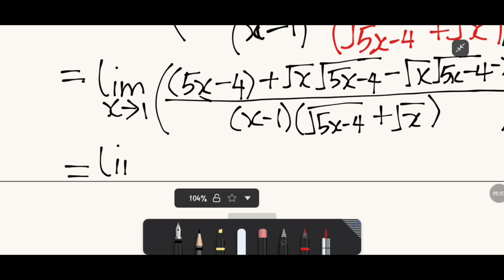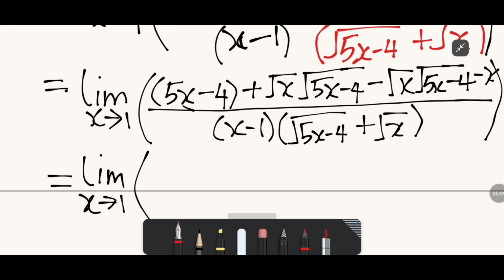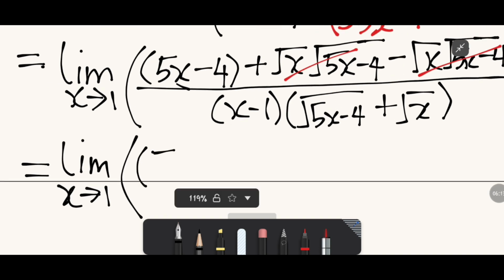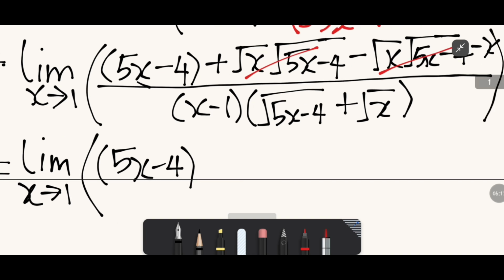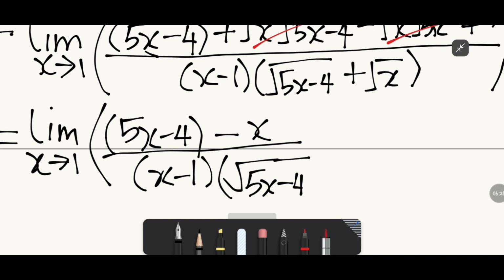So this is going to be limits as x approaches 1. Now if you watch, this plus term can cancel this minus term. We are going to be left with 5x minus 4 minus x all over x minus 1 times square root of 5x minus 4 plus square root of x.